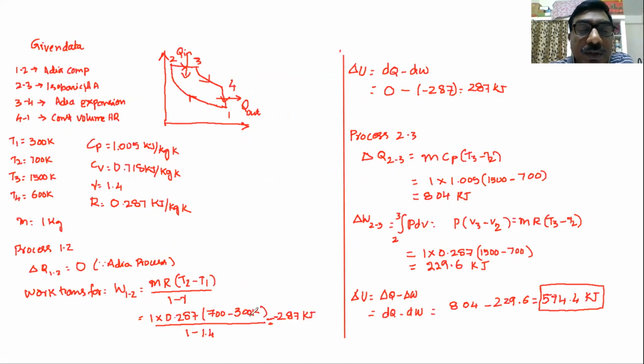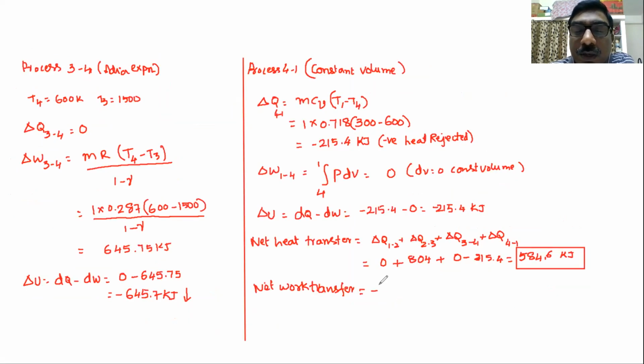In the first process the work transfer is minus 287, and the second one is 229.6, then 645.75, and finally it is 0.